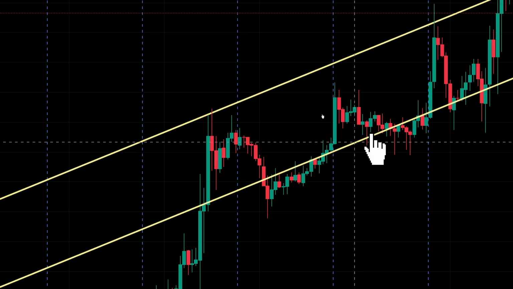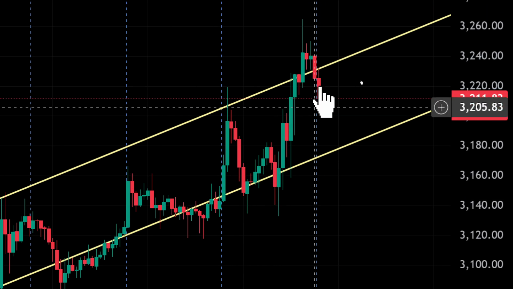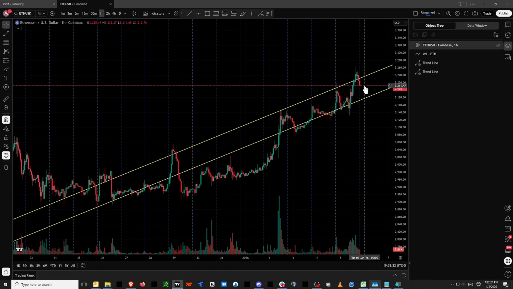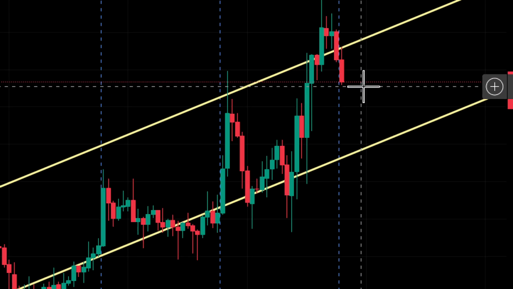There, walking it. Interacting with it here. So do I think that trend line has got some significance? Absolutely. Absolutely.